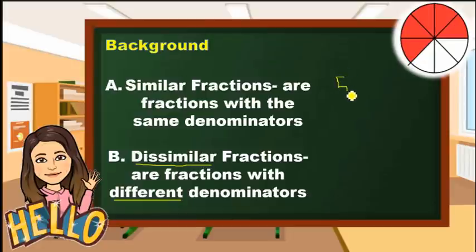So if in similar fractions we have 5/10 and 3/10 with the same or parehong denominator, here in the dissimilar fractions, the fractions have different denominators, like 5 and 10.